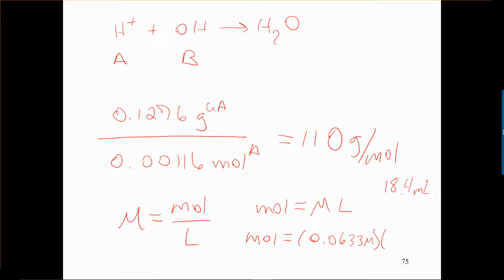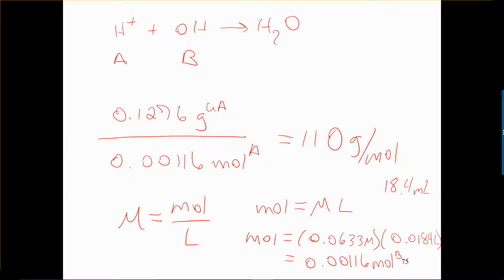Okay, so I convert that to liters. Okay, and that's going to equal 0.00116 moles of base. The moles of the base are equal to the moles of the acid. Okay, so that's how I get this.